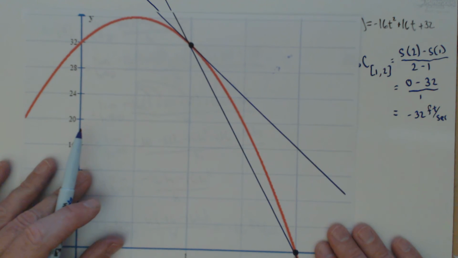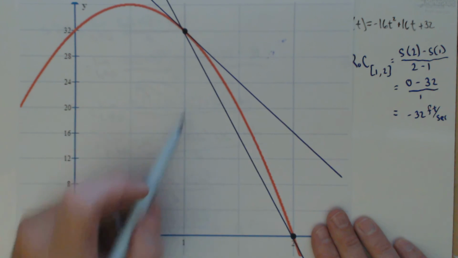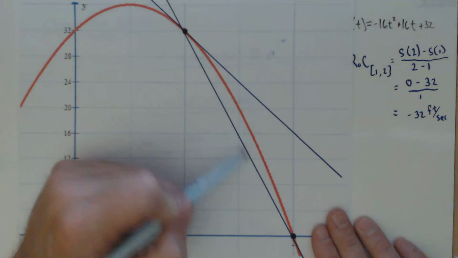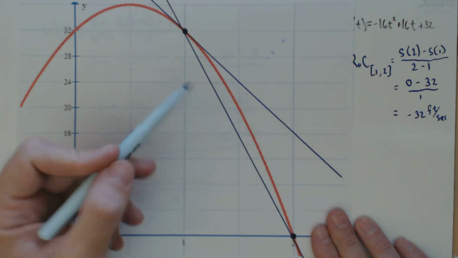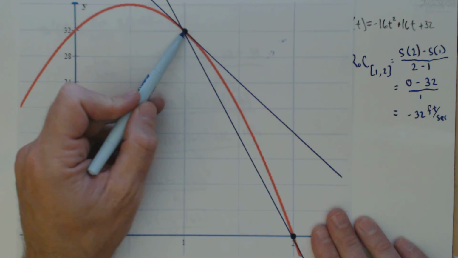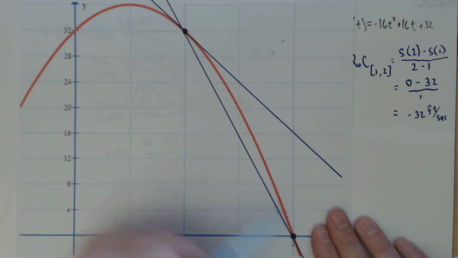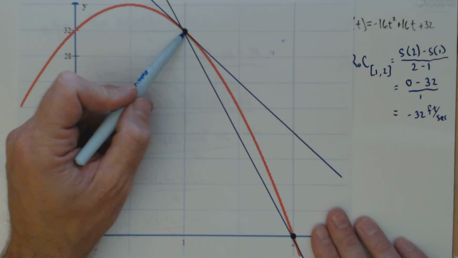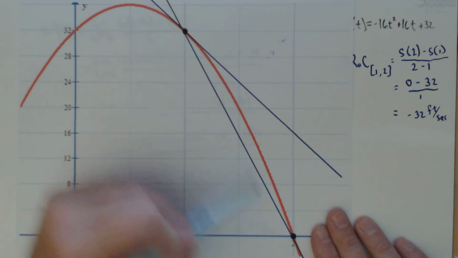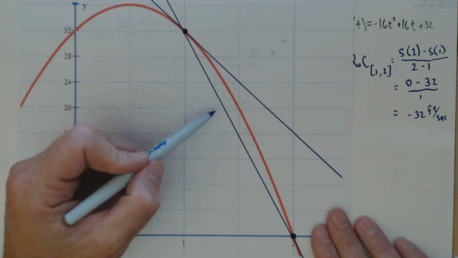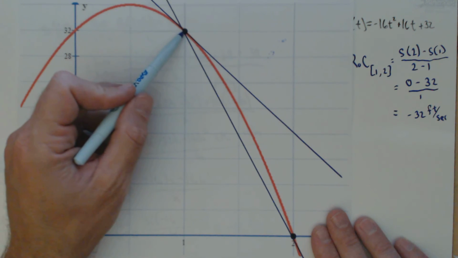So we have a line for each, and notice how much steeper our secant line is than our tangent line. Well, that makes sense because the height is decreasing faster at 2 than it is at 1, and so calculating the average is going to give us a steeper slope than just calculating the instantaneous rate of change at 1.